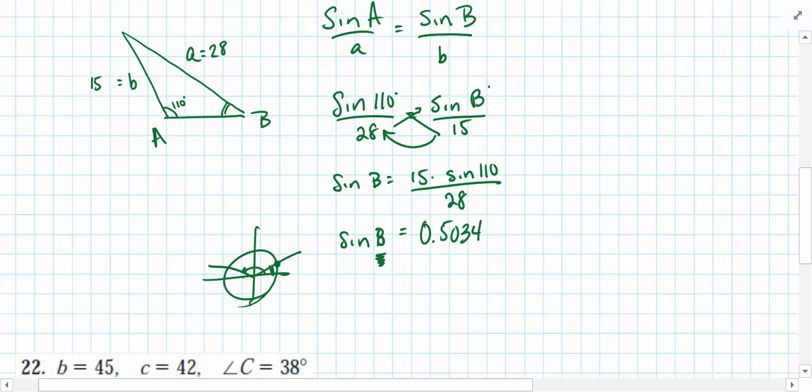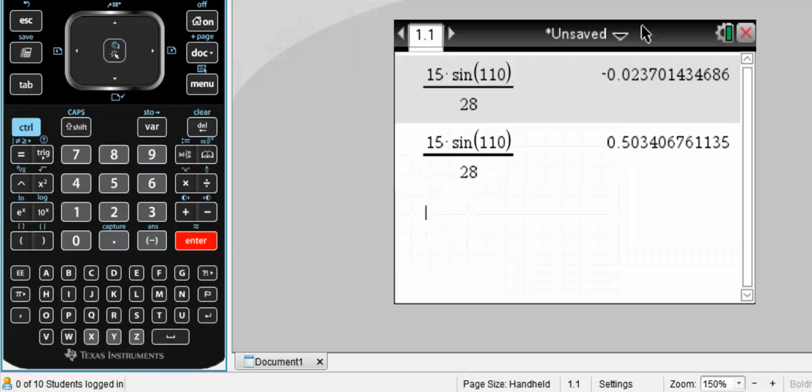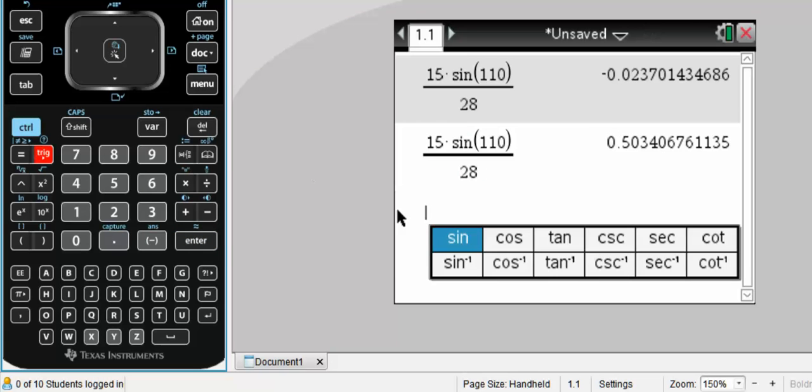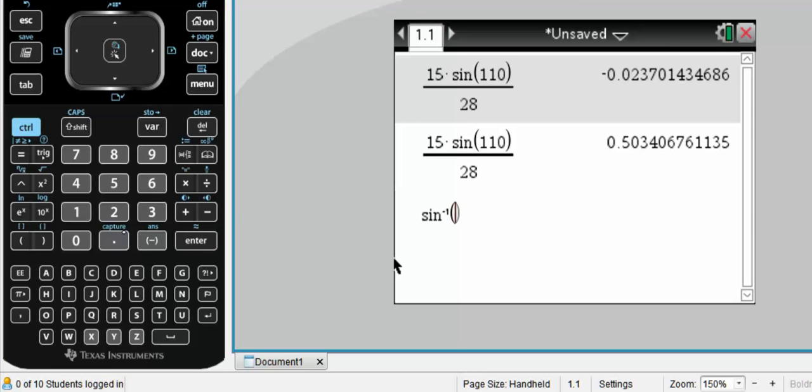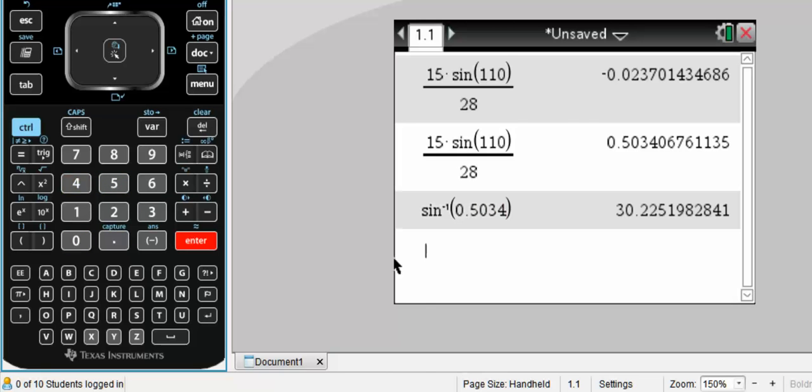Let's find the first one. Sine of B can be, or we can use the inverse sine to isolate B. So let's apply the arc sine of 0.5034, and that comes out to be about 30.2252 degrees.